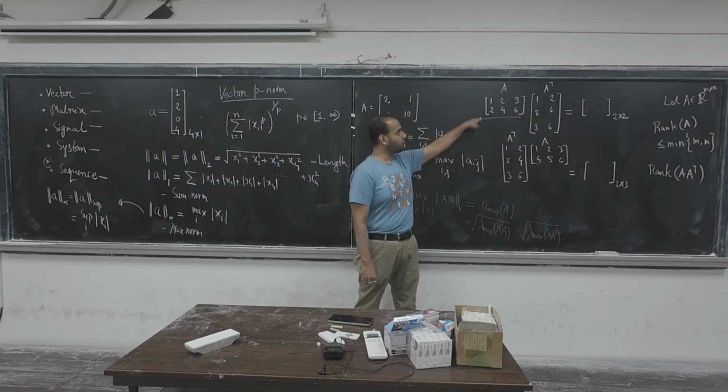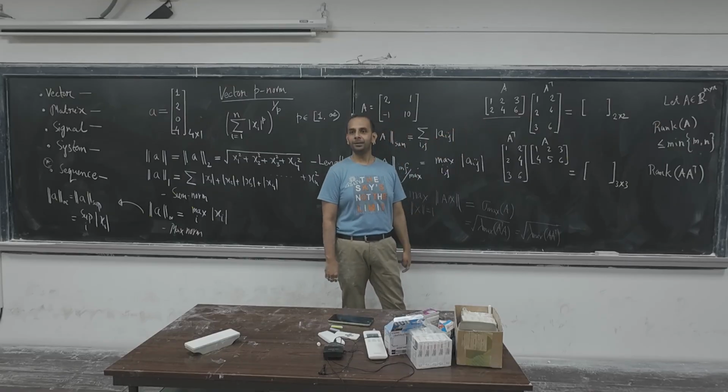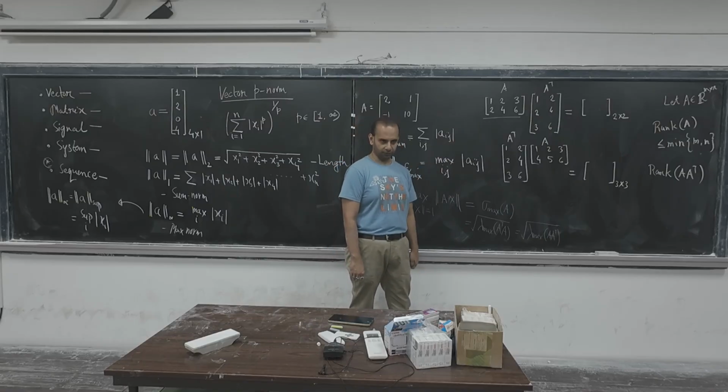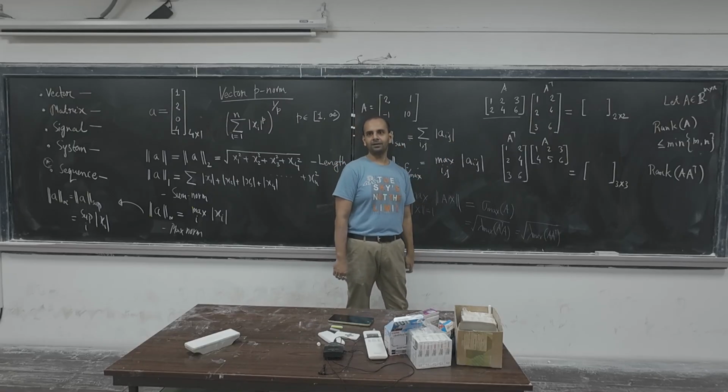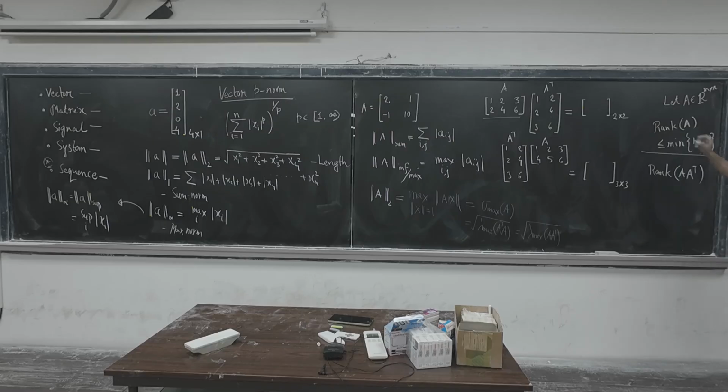But here it has 2 rows, and we can easily check that the rows are not linearly independent. The second one is a scalar multiple of the first one, right? So in this case, what is the rank of that matrix? 1. Now, if you have to decide the rank of A times A transpose, its rank is already bounded, since the rank of A is 1.